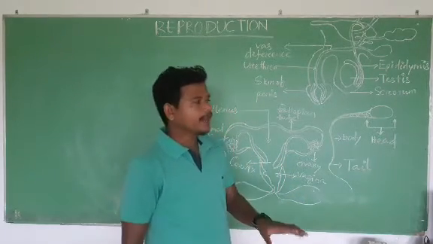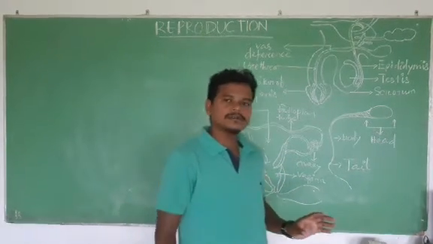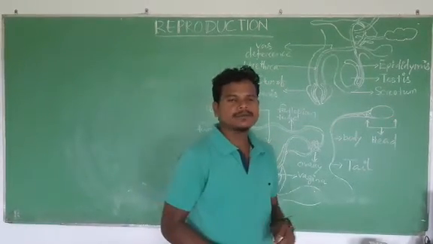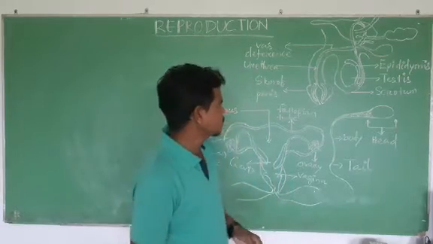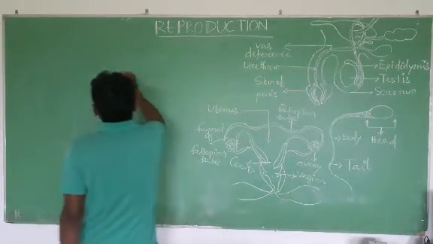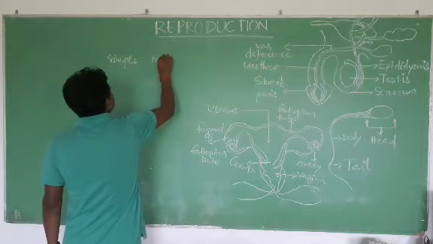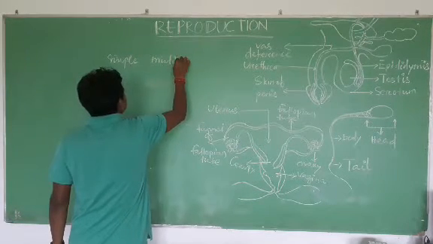We have actually read in the cells chapter that there are two types of organisms. One is simple organisms, another is multicellular organisms.